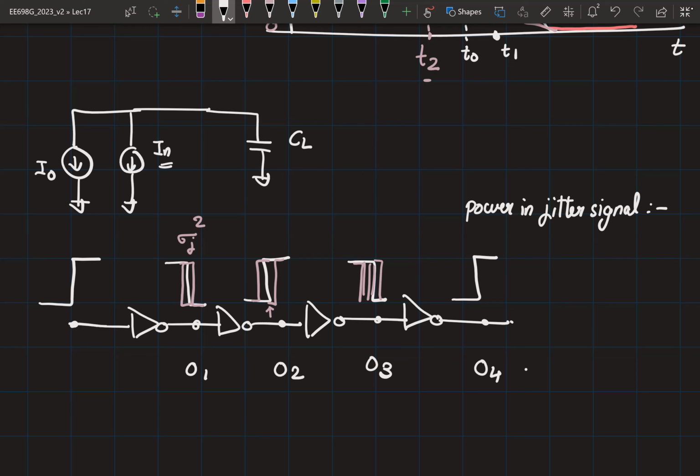That will be equal to n times sigma square. Therefore, the RMS jitter is going to increase by root n. So if you have n stages cascaded, and if thermal noise, or some uncorrelated event, is what is causing the jitter, then you expect to see an increase of root n as you keep cascading n stages.